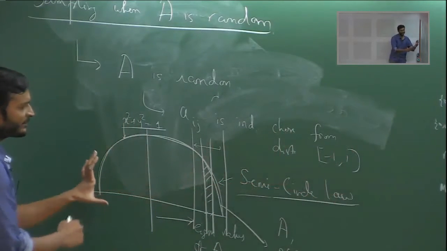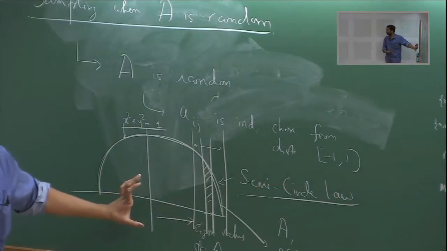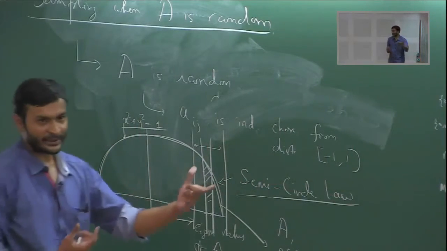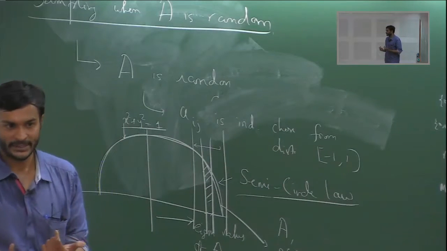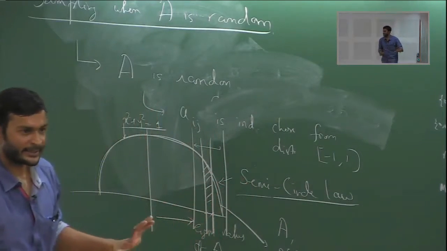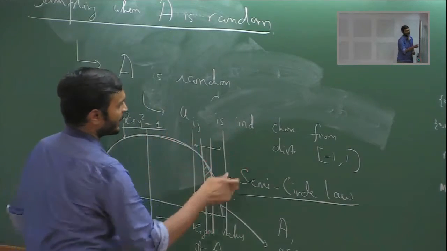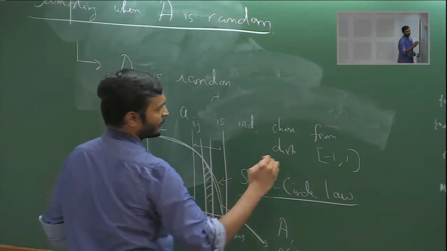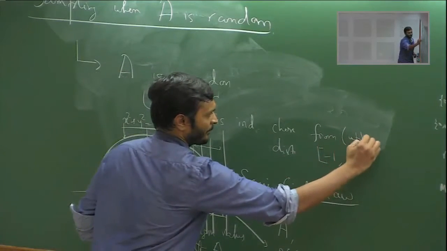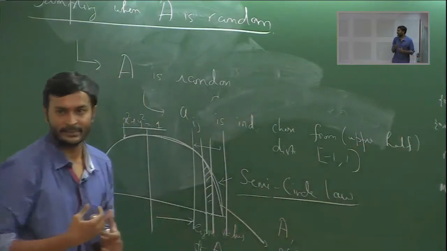Much of this holds even if it is rectangular, but then I would have to use what is called the circle law instead of the semicircle law, because for rectangular matrices, the eigenvalues could be complex numbers. So I'll assume that A is a square symmetric matrix, and each entry is picked independently at random in the upper half, and the lower half just gets copied to make it symmetric.